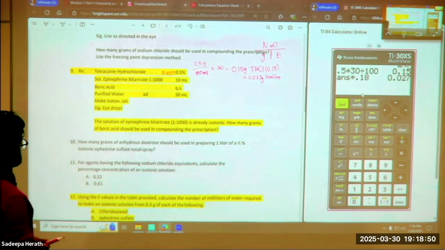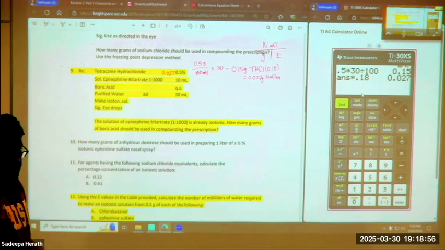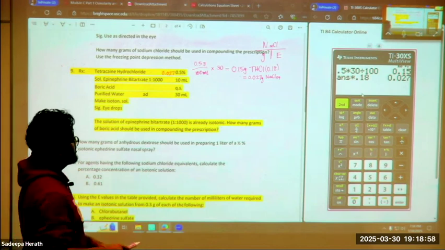So there we go. Now we have a solution of epinephrine bitartrate. Again, it says that it's already isotonic.